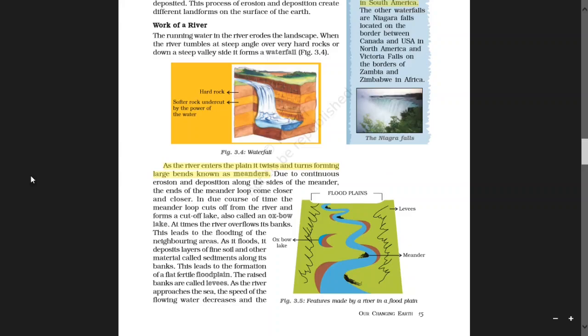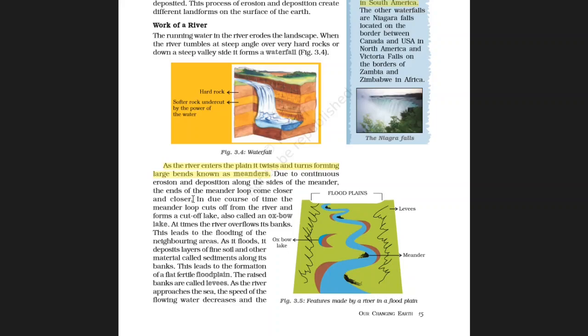Due to continuous erosion and deposition along the sides of the meander, the ends of the meander loop come closer and closer. Erosion takes place again and again, and deposition also, along the side of the meander.